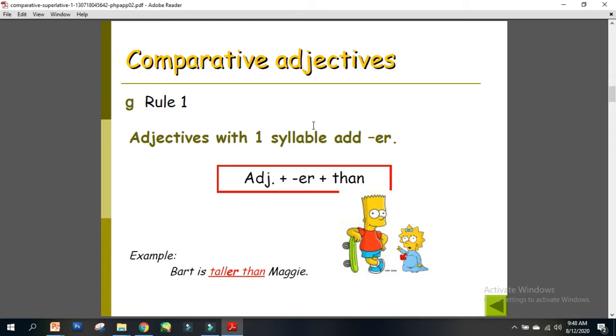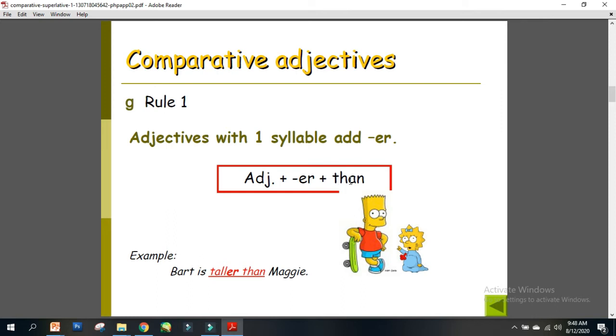When we say tall, it has one syllable, only tall, hanya satu kali ucap. Other one-syllable words are small, thick, and smart. Those are examples of one syllable adjectives.